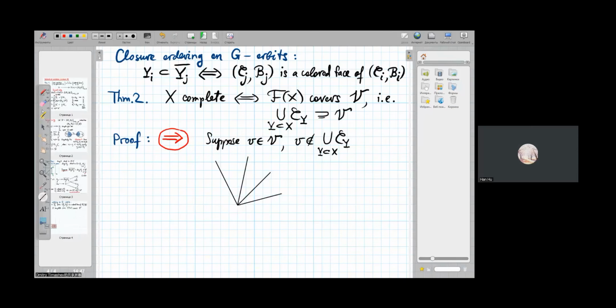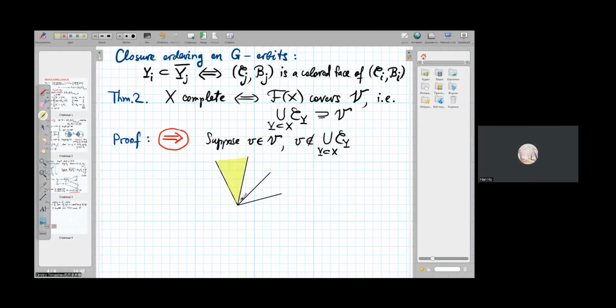So these are cones in the fan. Let me maybe paint them in some colors. This is the first cone. Just to distinguish them. These are just cones in my fan. And of course, all faces of these cones should also be included in the fan.